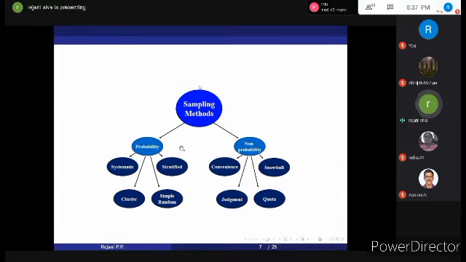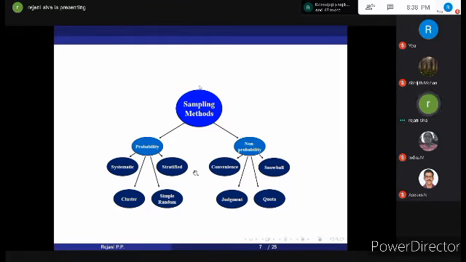That is possible in probability sampling. That is why probability sampling methods are called more scientific compared to non-probability sampling methods. But non-probability samplings are not very bad. We'll go to that for a discussion.